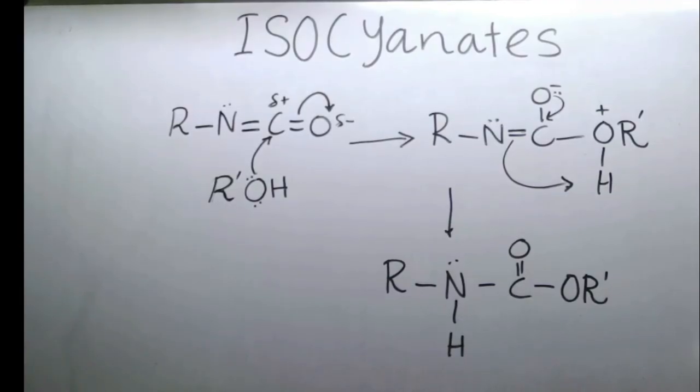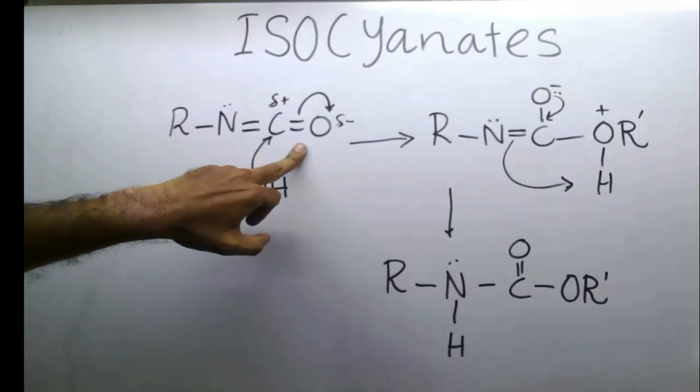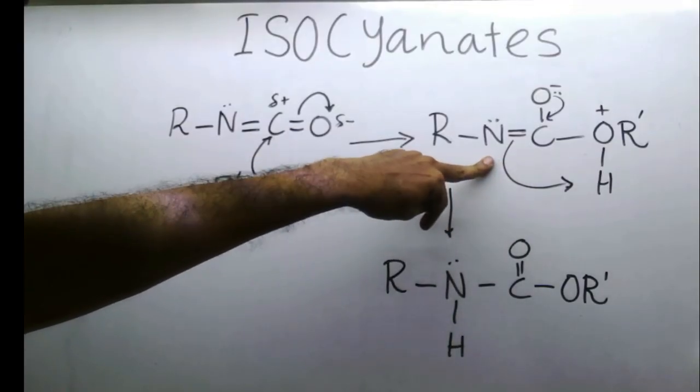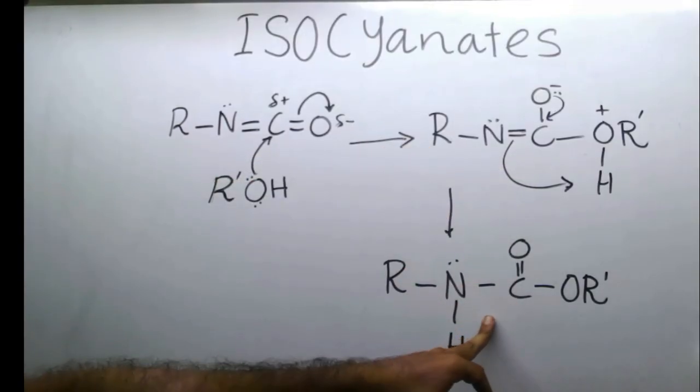Now this is how isocyanate reacts with alcohols exactly as they do with amine. So I am not going to explain that. So you can see the mechanism. Alcohol will act as a nucleophile and attack the carbonyl carbon and go to the intermediate step and finally to this structure.